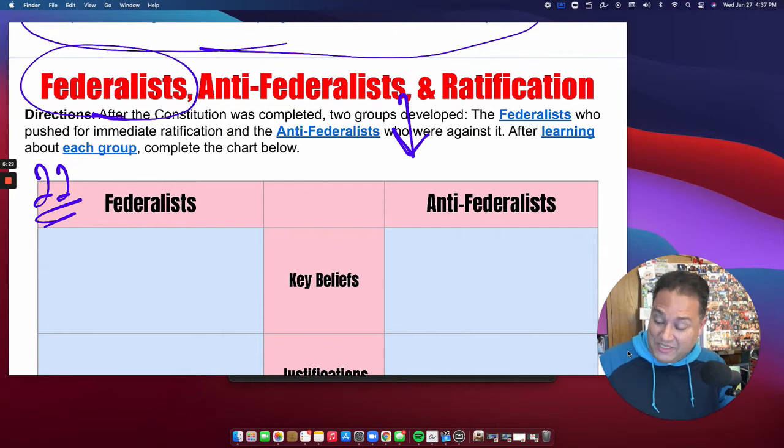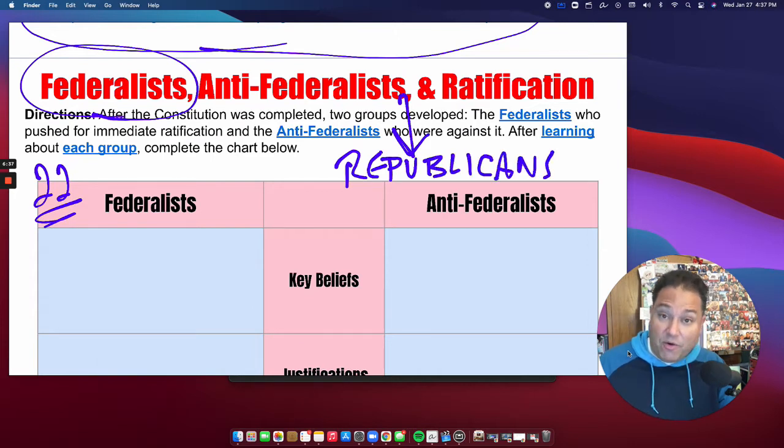The other, besides the Federalists, it's the Republicans, right? The Republicans, also known as the Jeffersonian Republicans, also known as the Democratic Republicans. So they were groups, they were factions. At this stage of the game, before the Constitution is even ratified, I would not consider the Anti-Federalists officially a party. I would consider them a group or a faction.